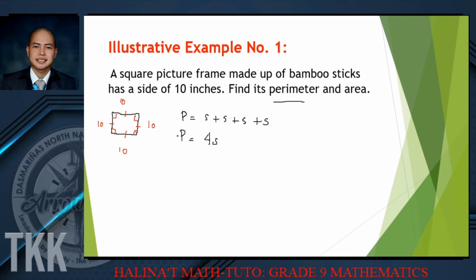So if we substitute the value of 10 inches in the formula, 10 plus 10 plus 10 plus 10 gives us 40 inches. And if we simplify 4S, 4 times 10, we also have 40 inches. So they are the same.